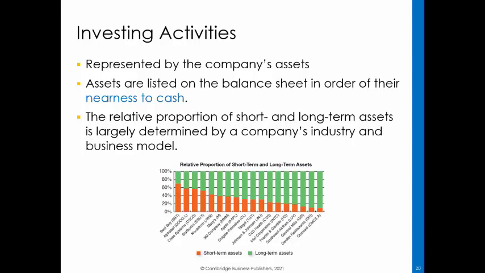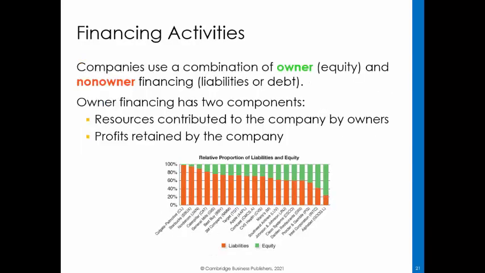Manufacturers, on the other hand, like 3M, Johnson & Johnson, and Colgate-Palmolive, require more investment in property, plant, and equipment, and at the very extreme end are capital-intensive transportation and communication industries with members such as Southwest and Comcast, who carry large percentages of long-term assets on their balance sheets.